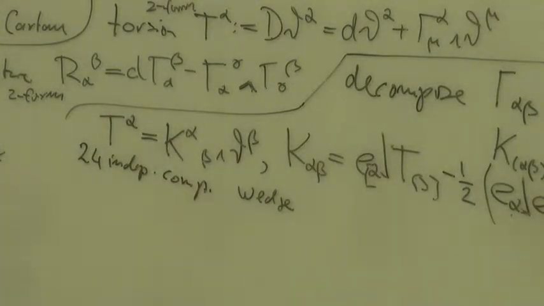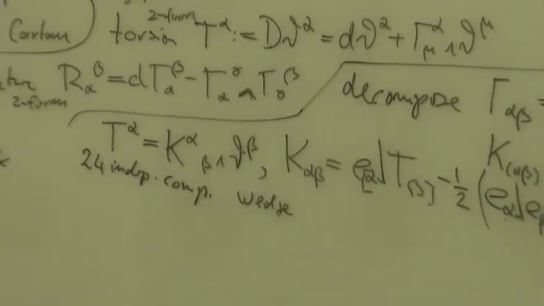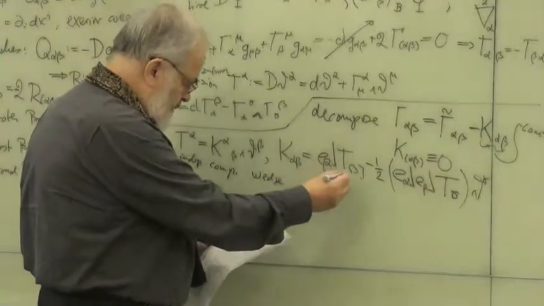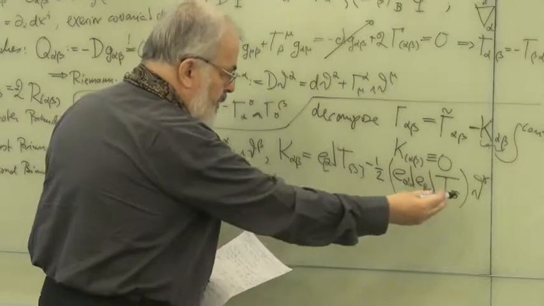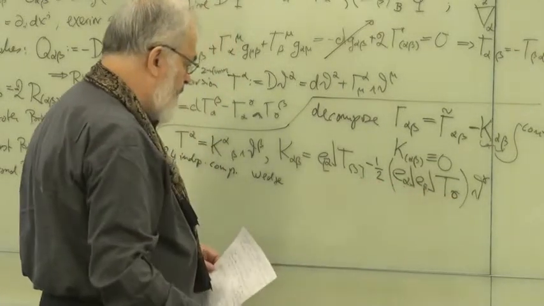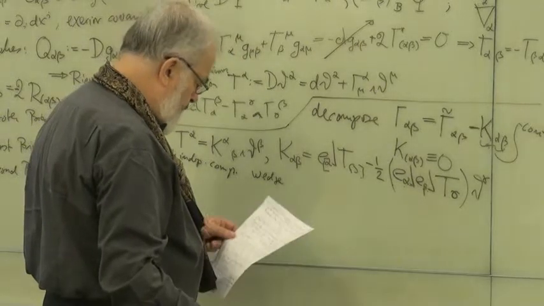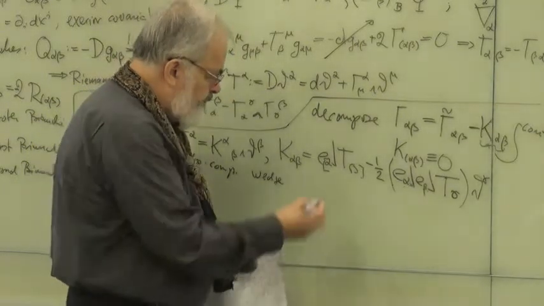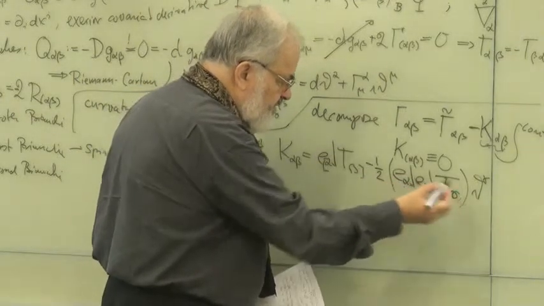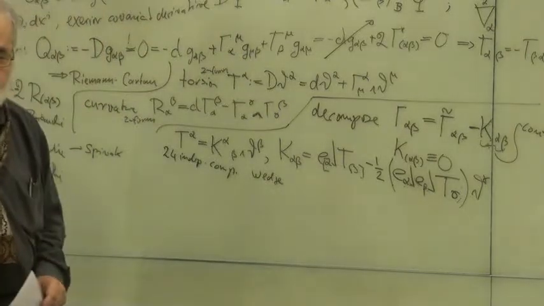I think something is wrong? Yeah, the co-frame wedge should be with the torsion first, and then take the inner product. Sorry? The last parentheses. This? Yeah, it should be T gamma wedge theta gamma first. I mean, you can take first this product and then the second product.